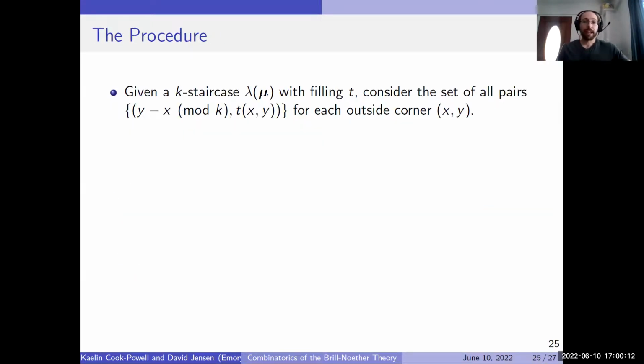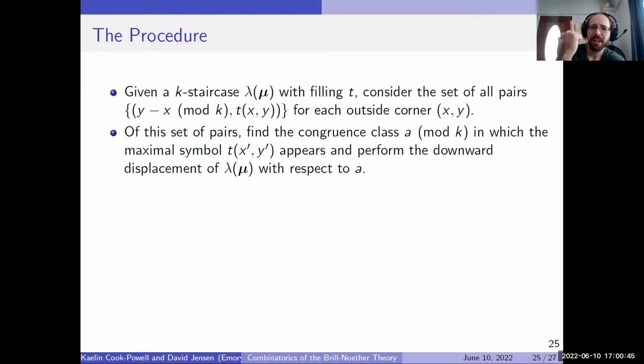Well, if I have a k-staircase with a certain filling, so if I have a k-uniform displacement tableau, I want to look at all outside corners of this partition. And I want to consider two pieces of information: the congruence classes of these corners, which isn't as important for a staircase, but is for a k-core, and the symbol that appears in each corner.